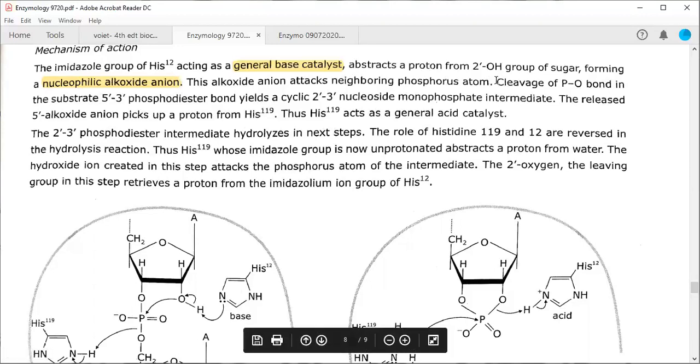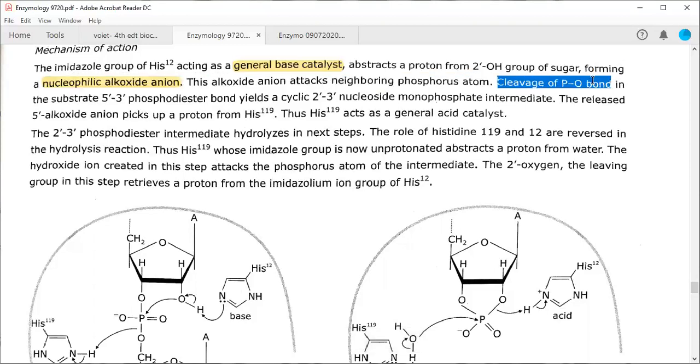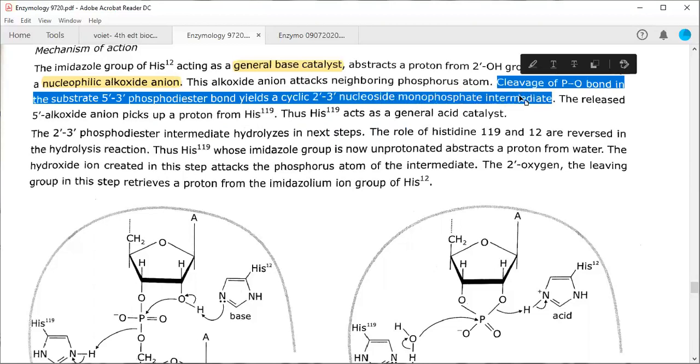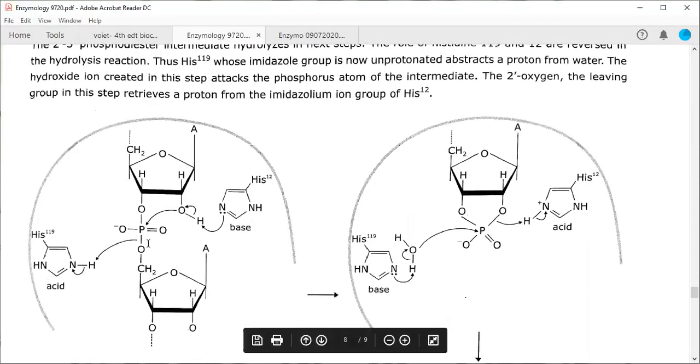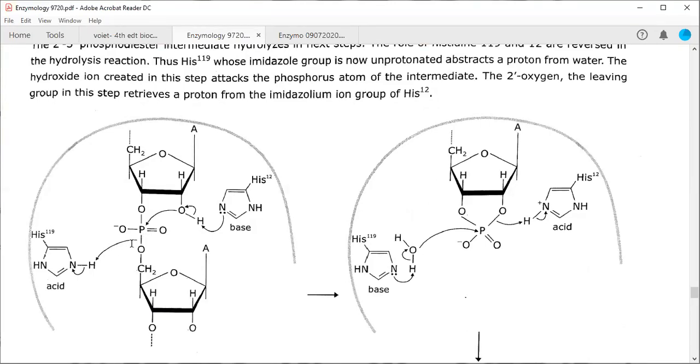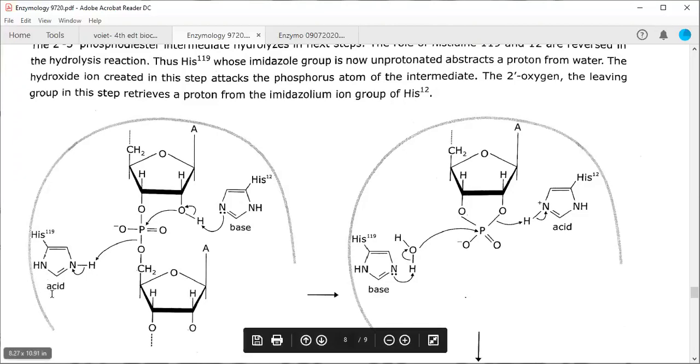Okay. So after the attack, the cleavage of this bond, this phosphodiester bond, the substrate 5'-3' phosphodiester bond, yields a cyclic intermediate. So this cyclic intermediate will be formed when this bond is attacked. This bond will be broken down, and these electrons will be shifted to the acid actually. So first of all, we are discussing histidine 12.